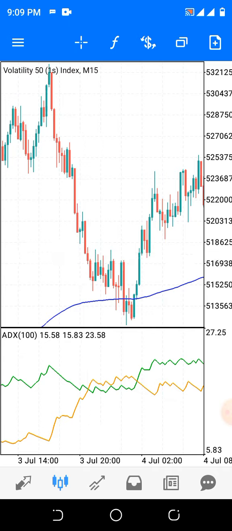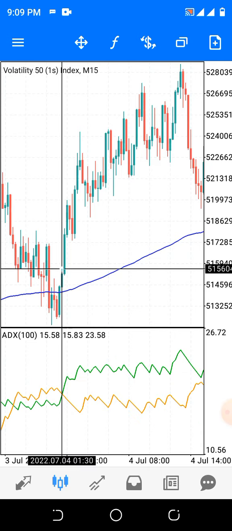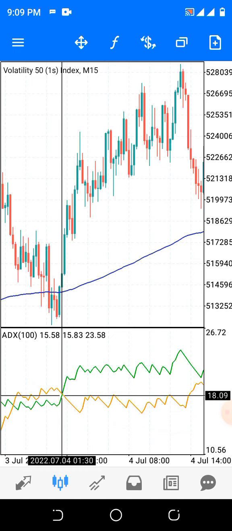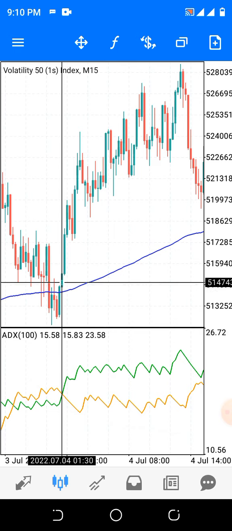Now this is another trade here. Are you seeing it? There is a crossing here. The green line of the ADX crosses above. Now let's trace it up. This is the candlestick where the crossing occurs, and this is a buy signal. You see that the candlestick where the crossing occurs is above the moving average.